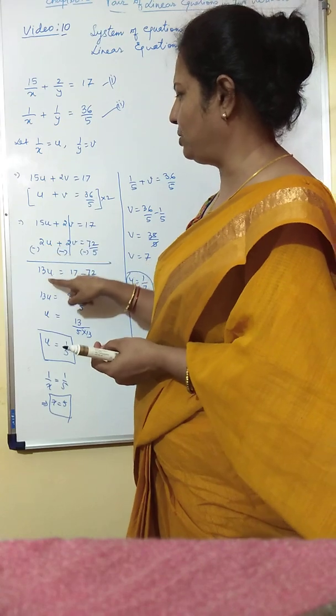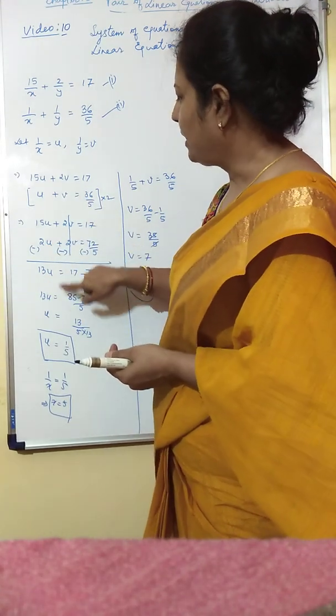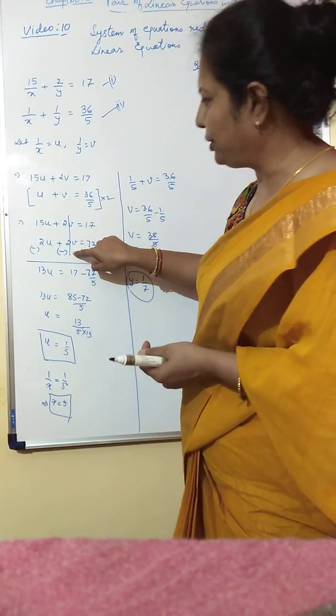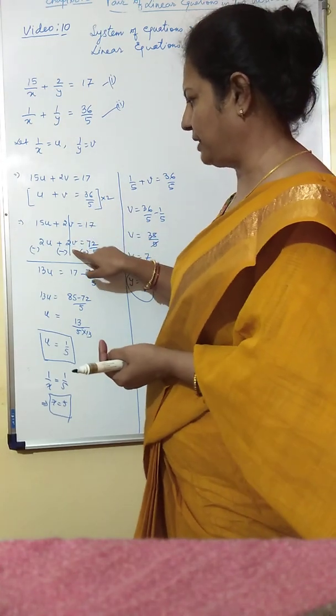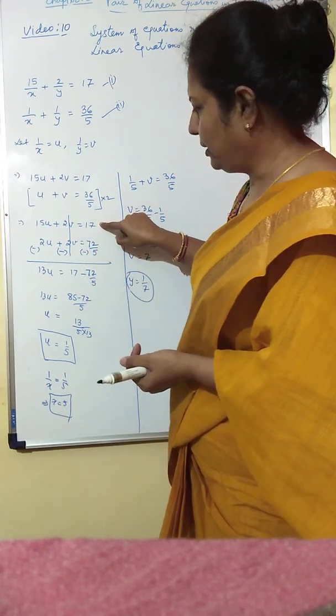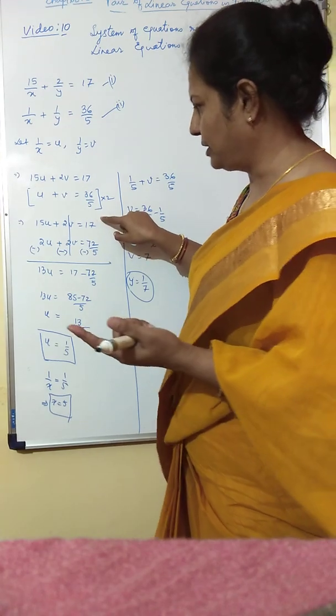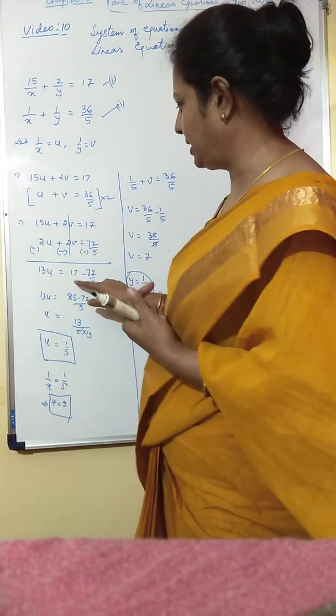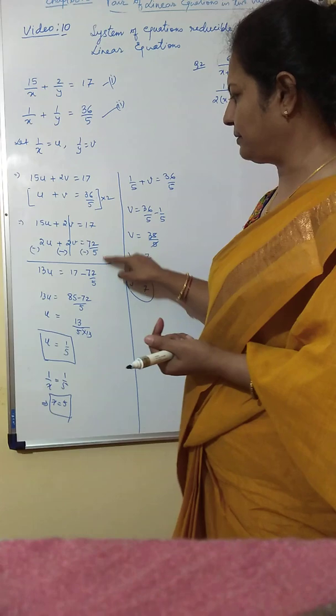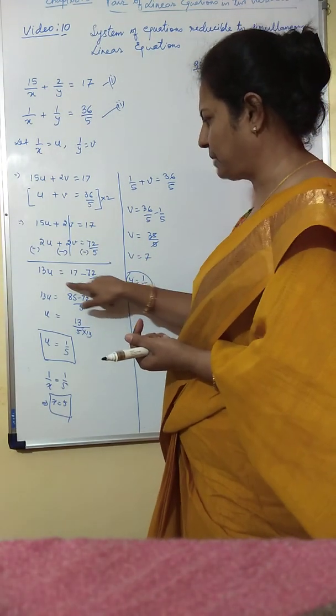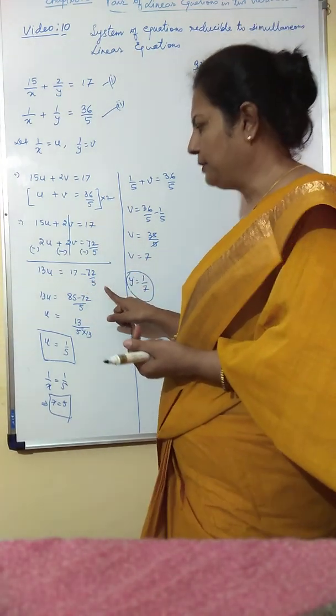So 15u minus 2u will give me 13u, and 2v and minus 2v will cancel, and then the constant term in the first equation is 17, in the second I have minus 72 by 5. So this is 17 minus 72 by 5.